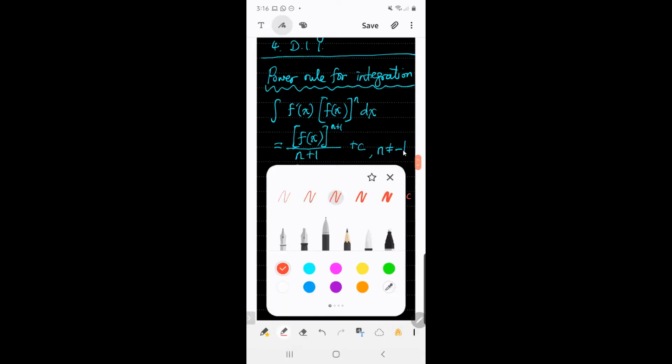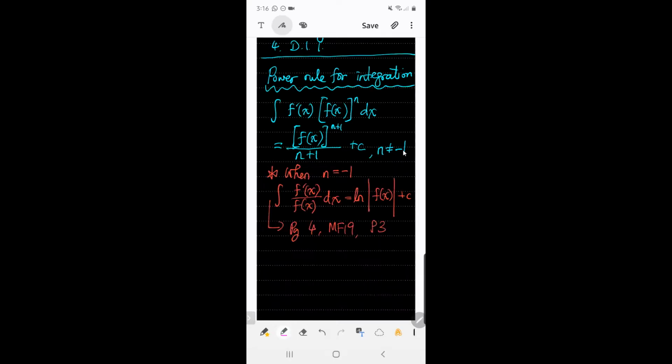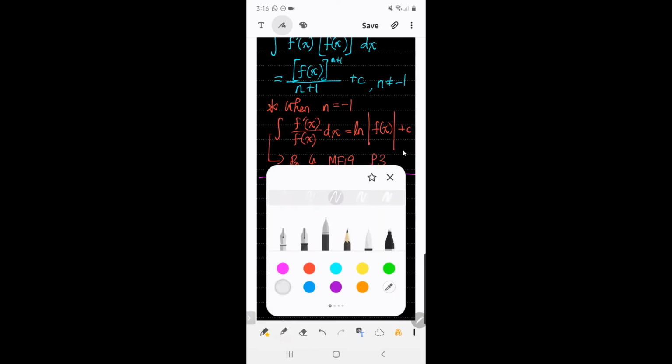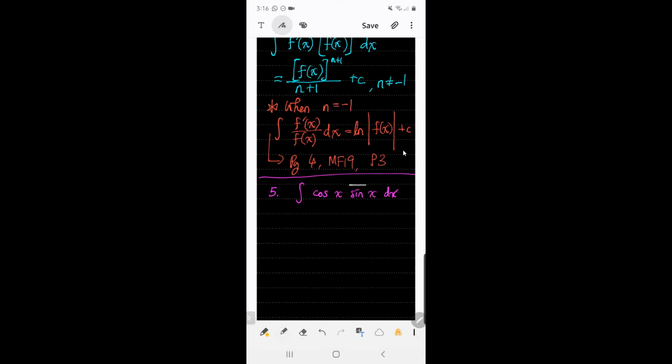Now, let's move on to question number 5. We have the integral of cos x sine x dx. So how do I do this part? You see, I can actually take f of x as sine x.